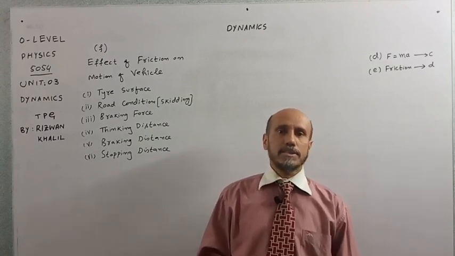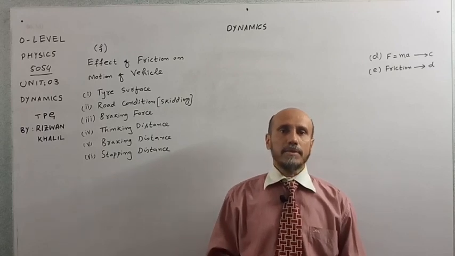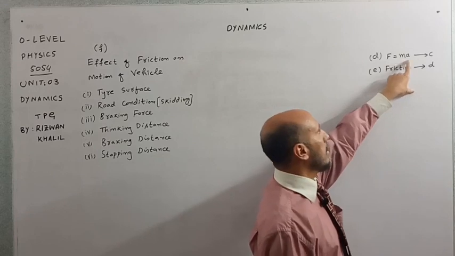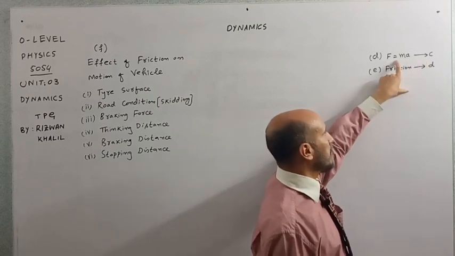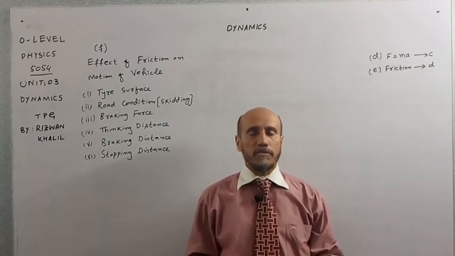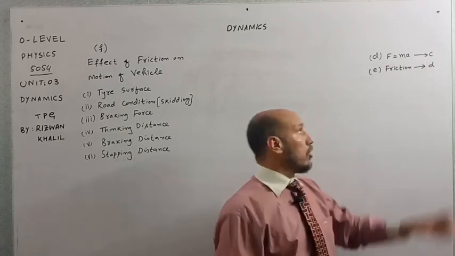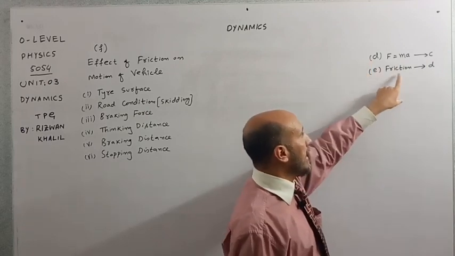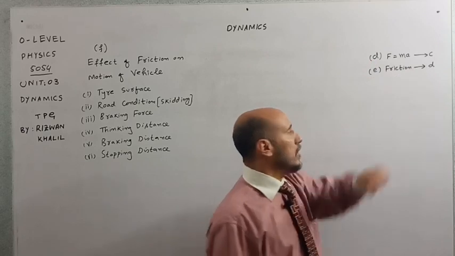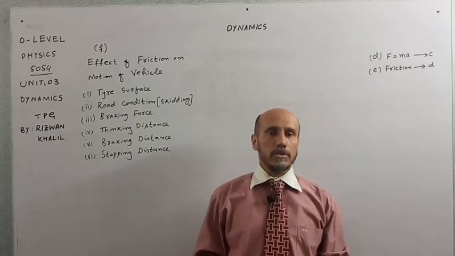While I was discussing Newton's second law of motion, that is F equals ma, and the topic of friction, by mistake I mentioned learning outcome C in front of F equals ma and learning outcome D in front of friction, while actually F equals ma belongs to learning outcome D and learning outcome E was mentioned in front of the topic of friction. So make this little correction in your notes.